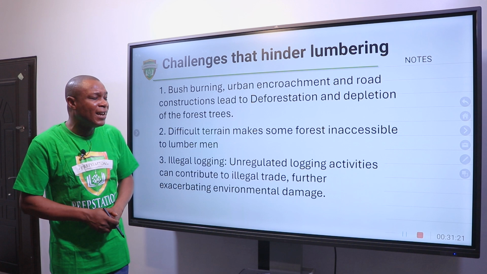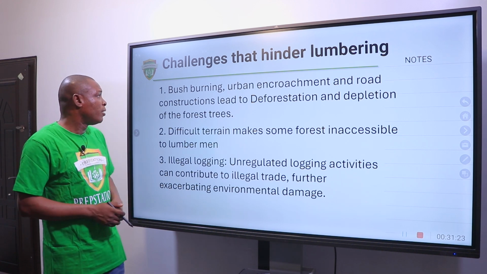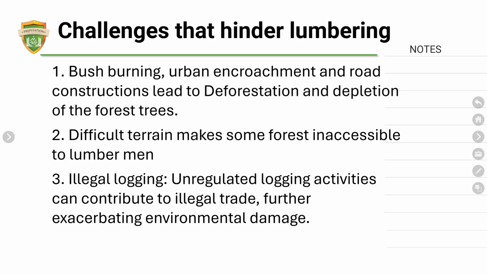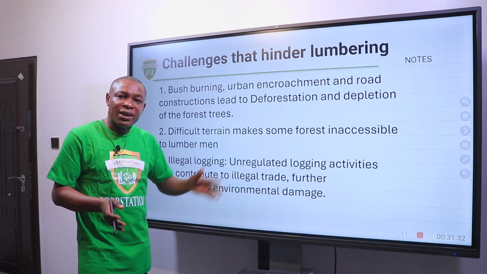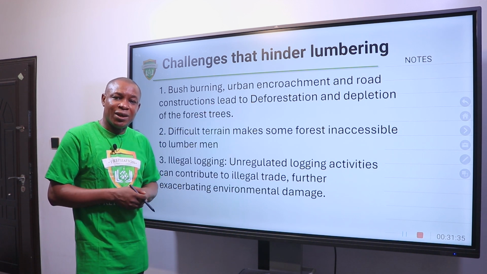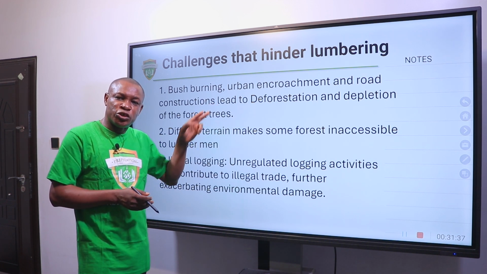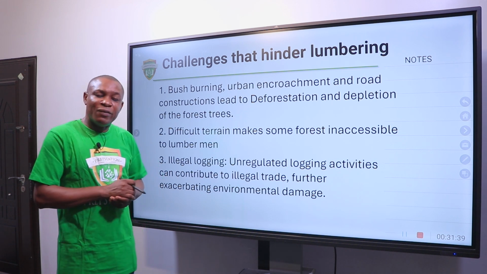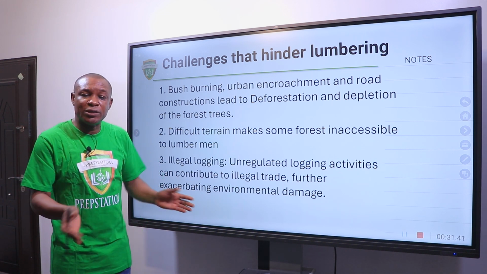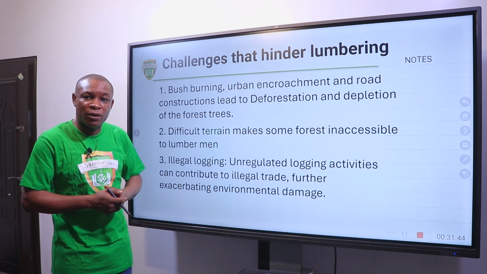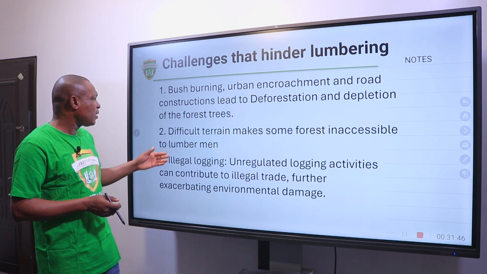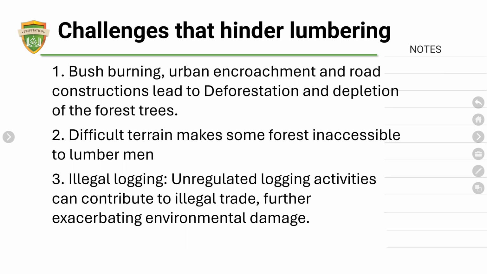Challenges that hinder lumbering. Number 1, bush burning. Because of the activities of farmers, the forest is being burnt. And when they burn the forest, they are destroying the natural ecosystem and, of course, destroying the trees there. When these trees are burnt down, you won't have trees to cut down and use for lumbering. Difficult terrain. Some of these forests are inaccessible due to the difficult terrain.